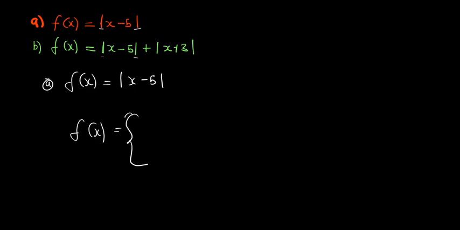I'll have a situation whereby x minus 5 is positive. You need to solve what is inside there, so pretend you are solving for what is inside: x minus 5 equals 0. So x equals what? 5. So here we have 5, right?